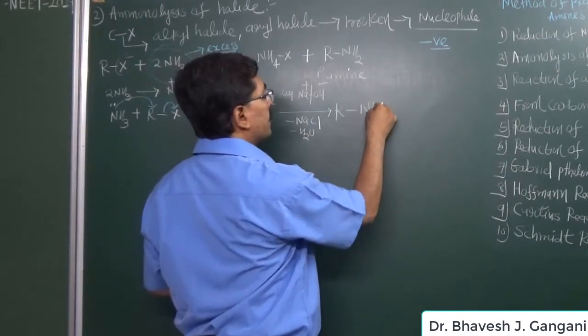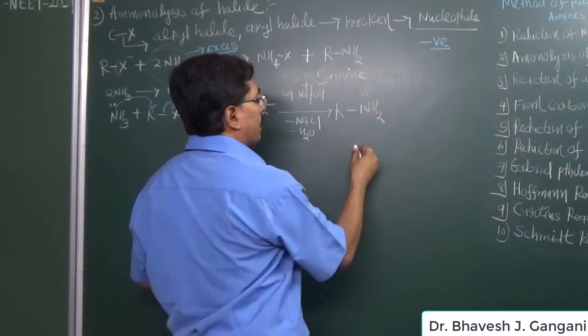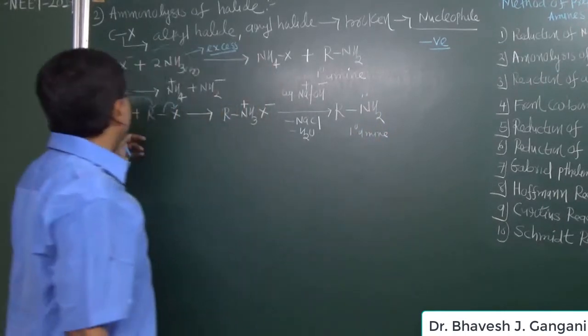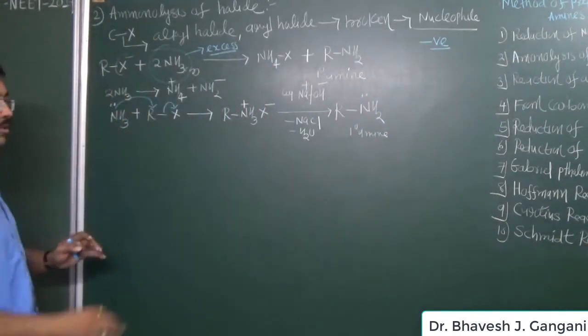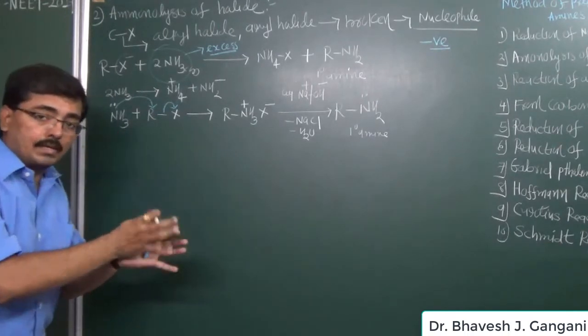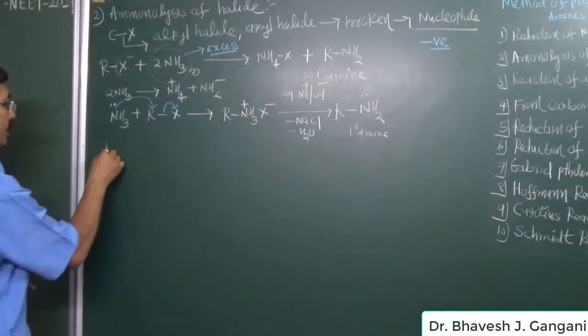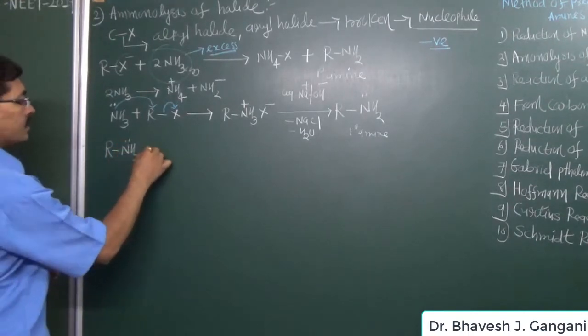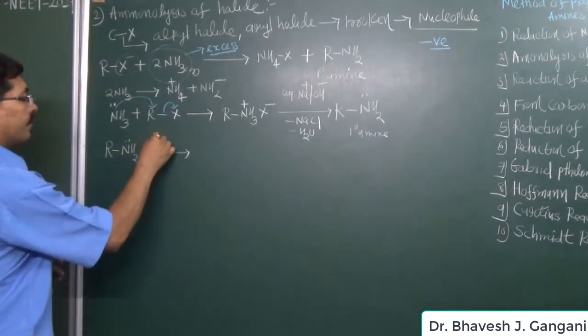As a result we get a primary amine. But now, whatever amine is obtained in our reaction medium, if we have taken the alkyl halide in large proportion, then the reaction occurs continuously further and we get a different type of product.